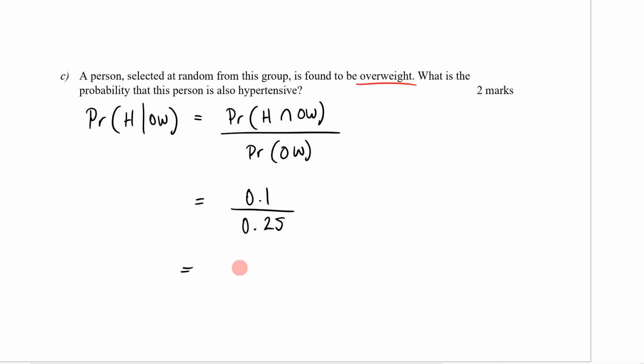This is the same as 10 over 25. And then that's going to be the same as, well, both of these are divisible by 5. So it will be 2 on 5. And then I can write that as, if I know that 1 on 5 is 0.2, this is going to be 0.4. And that will be my answer.